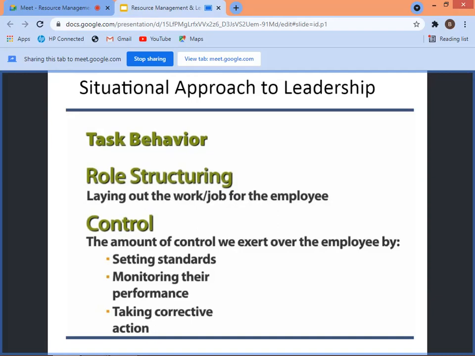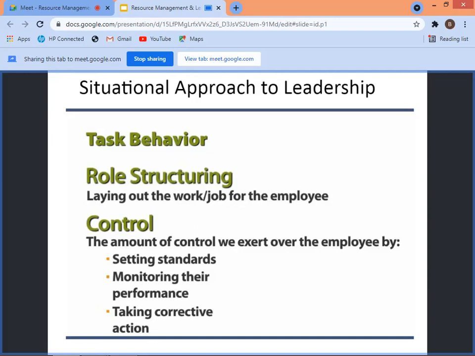You accept the setting of standards. You accept the job description, the role structuring. You accept all the standard operating procedures, all the documentation, the method, the workflow process. There would be acceptance from your side. You accept the expectations. You understood and you accept.